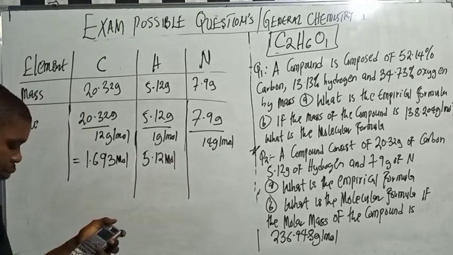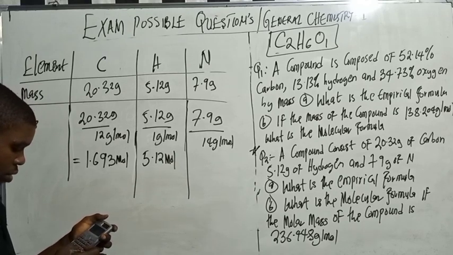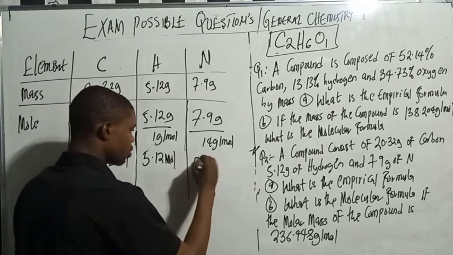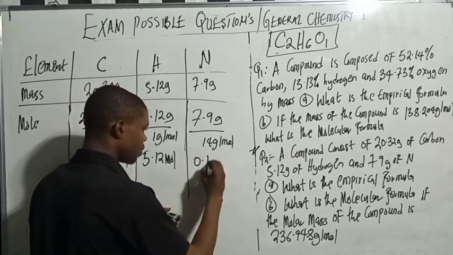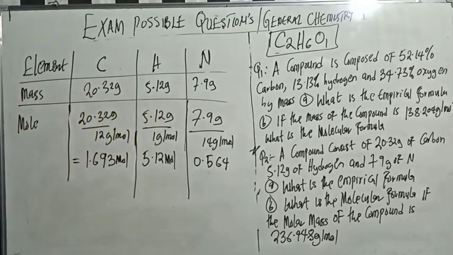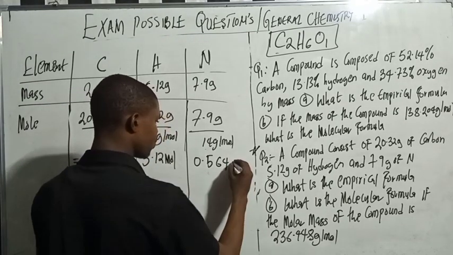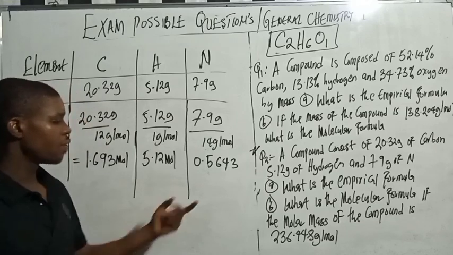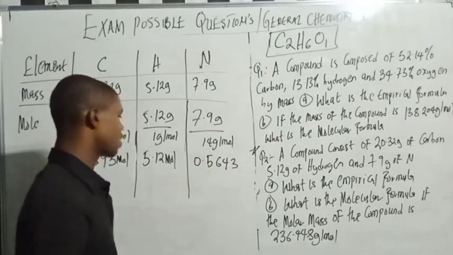Then you have 7.9 divided by 14, which is 0.5643. Can you see that? You can leave it at 4 decimal places and above.